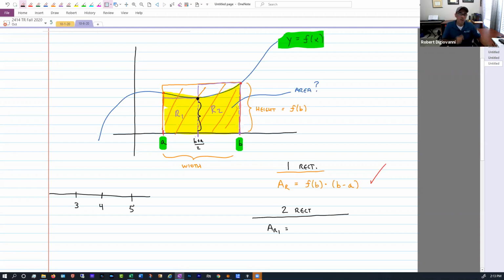Okay, so that's what I plugged into the function, right? So this would be F of B plus A over 2. And then I have times, now how wide is it? What's the width of this rectangle?